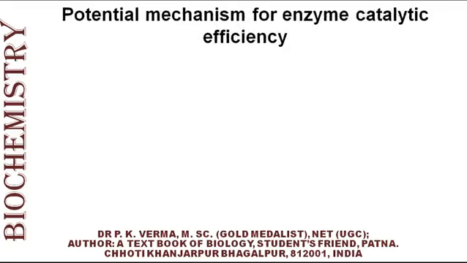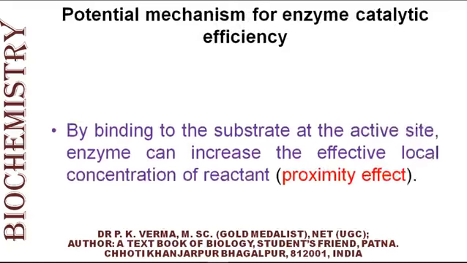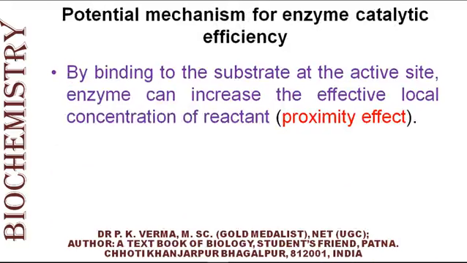Now, what are the potential mechanisms for enzyme catalytic efficiency? The first is that by binding to the substrate at the active site, enzymes can increase the effective local concentration of reactant. That is called the proximity effect.